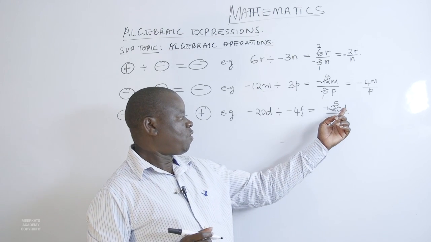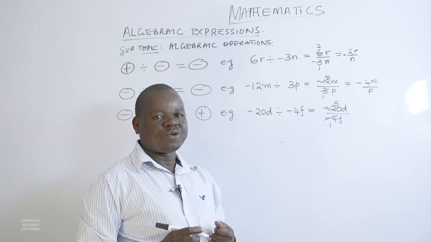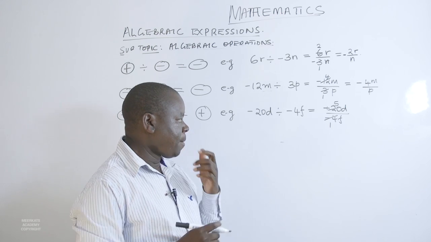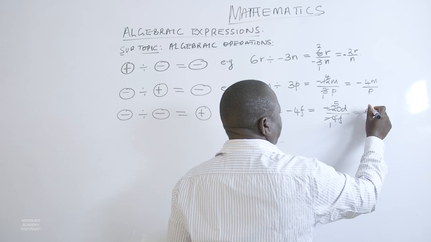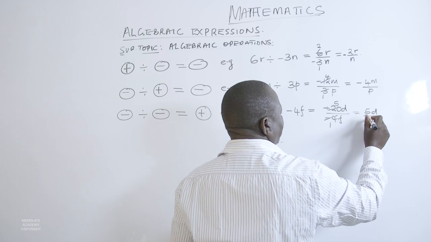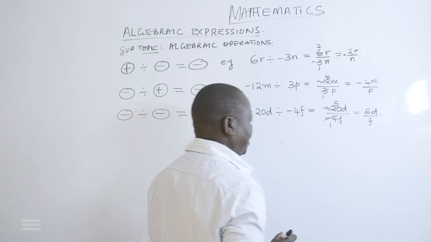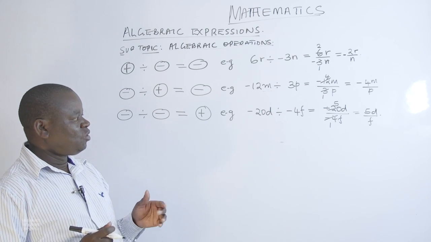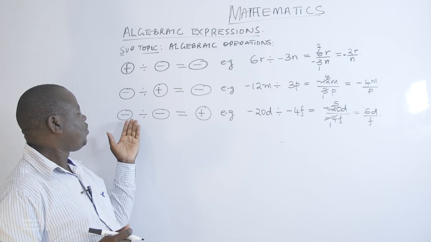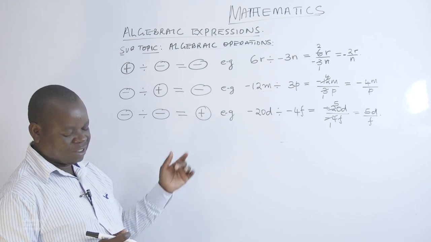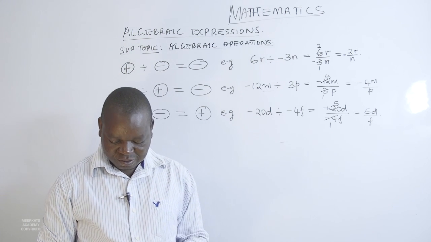Since there is no common factor between d and f for the pronumerals, we remain with 5d all over f as our answer. So we appreciate that negative divided by negative, the answer is positive.